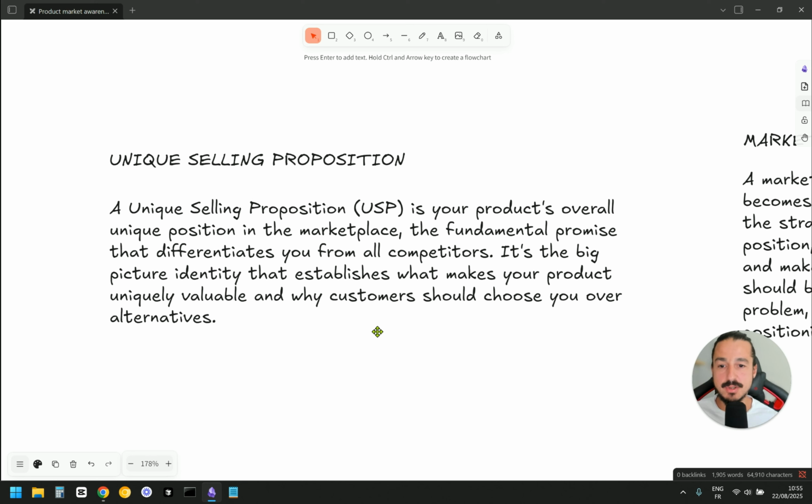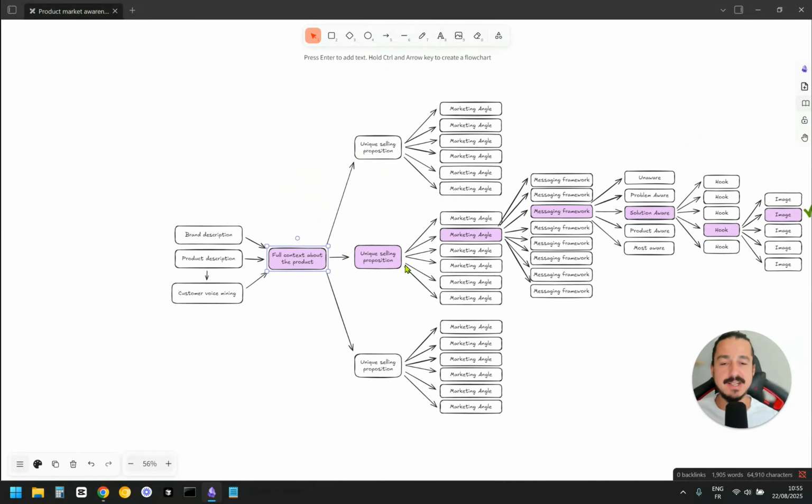It's the big picture identity that establishes what makes your product uniquely valuable and why customers should choose you over alternatives. So you don't have many unique selling propositions, like one, two, three, four maximum. It's the very thing that matters to your customer and that differentiates you from your competitors.